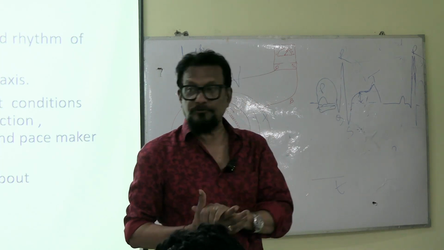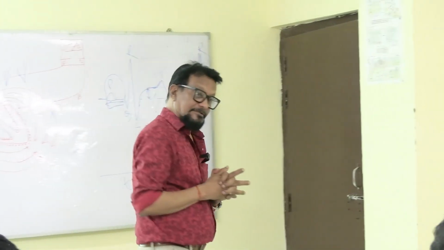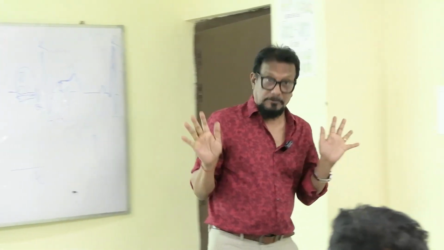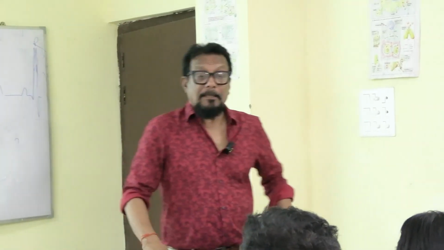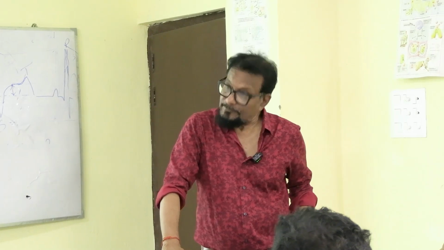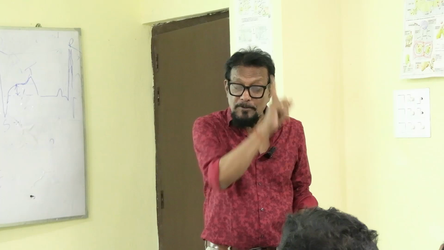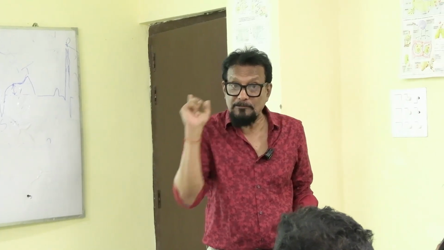This sort of fluctuation with your breathing may be noticed in healthy individuals, or may not. If it is noticed, then we call it arrhythmia. What type of arrhythmia? Sinus arrhythmia, because there is a P wave followed by a QRS wave.